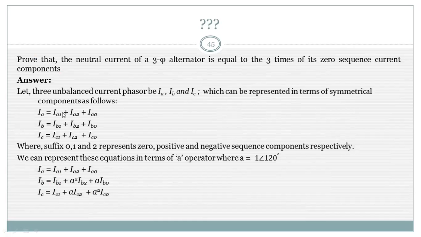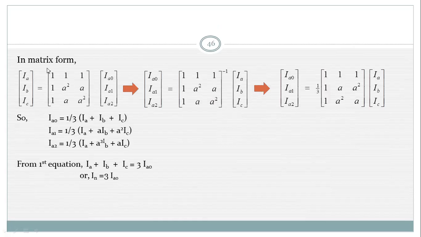This is a theoretical problem. We can easily prove it with the help of the symmetrical component calculation. We can find the symmetrical component of current equation, and from here we know the zero sequence current is equal to 1/3 of (IA plus IB plus IC).